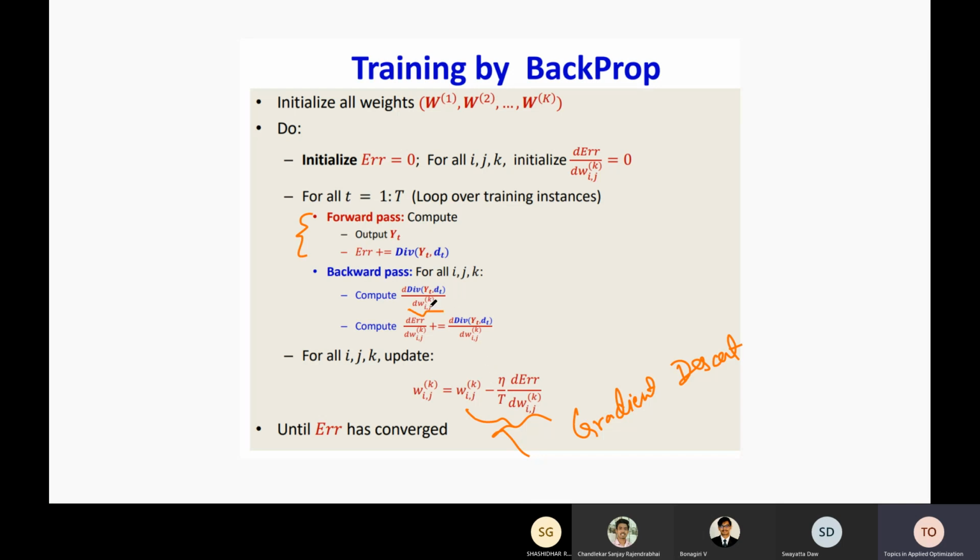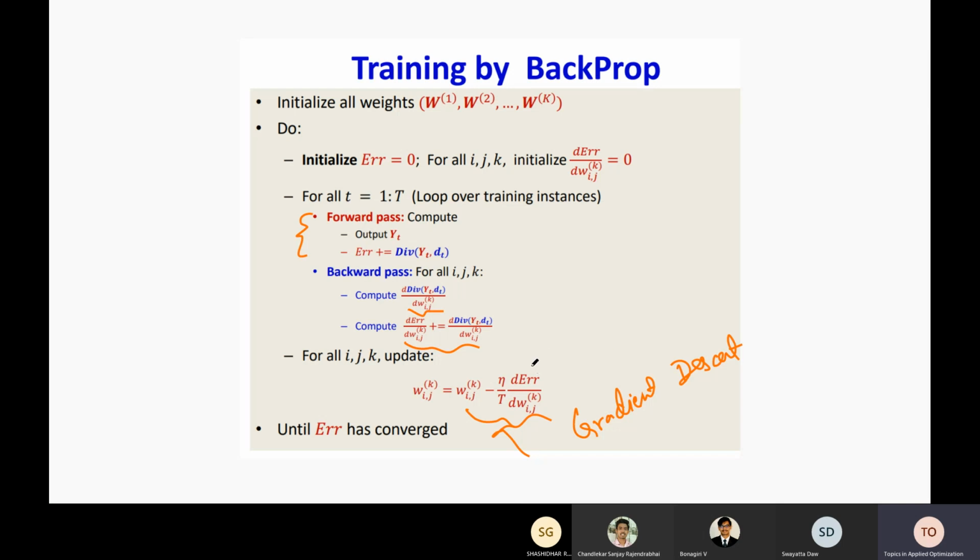Then you compute the derivative of the loss with respect to the weights, and while computing this you use all those intermediate values. Then you take a cumulative gradient and do the gradient update here. These are just the algorithmic form of what we have discussed so far.